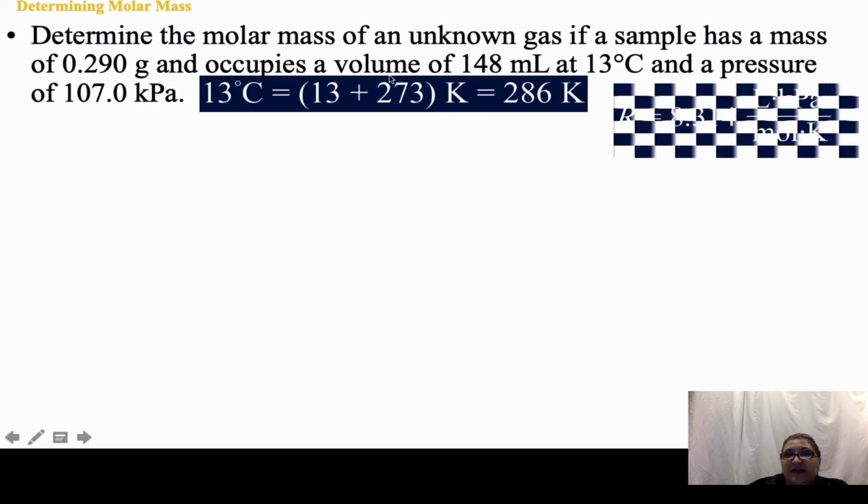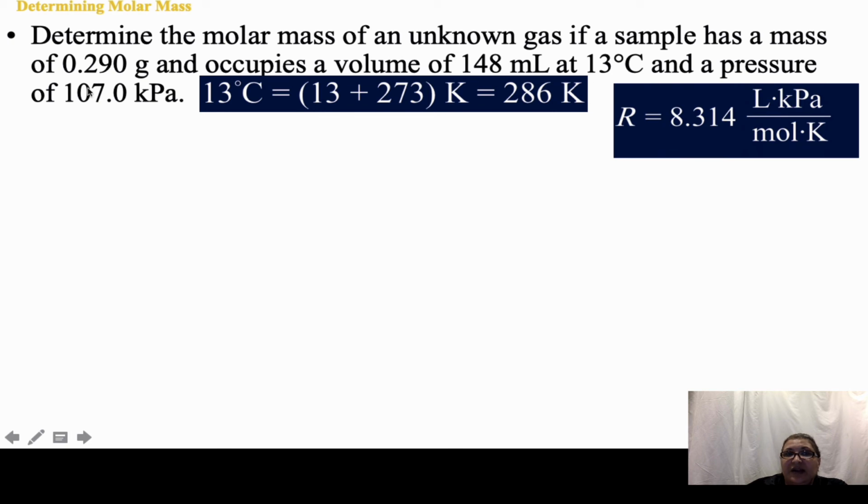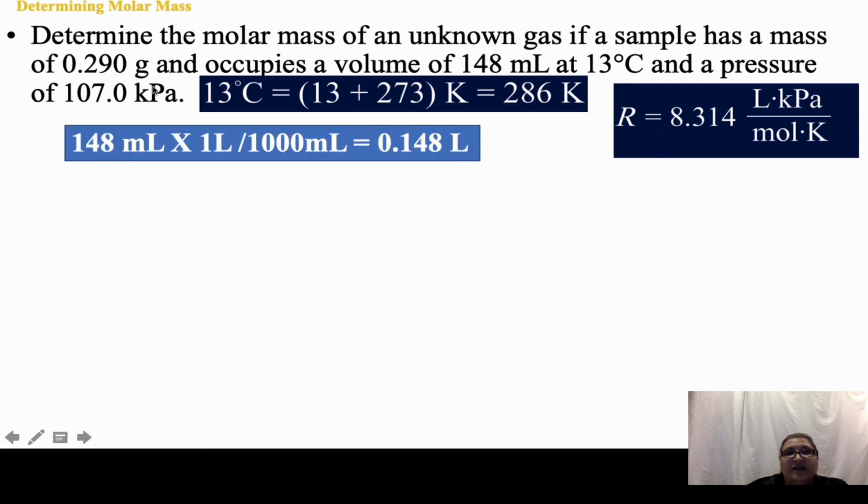The next step is we know that the pressure is in kilopascals, so this is the R we're going to use out of the three. And for the volume, we cannot use milliliters since our R has liters, not milliliters, so we have to convert the volume from milliliters to liters. There are 1,000 milliliters per 1 liter, so we divide by 1,000. Anytime you have milliliters, just divide by 1,000.